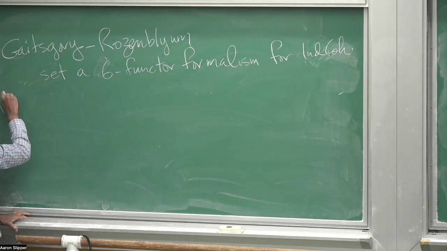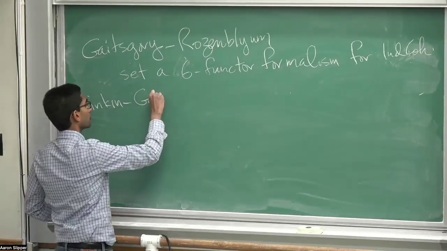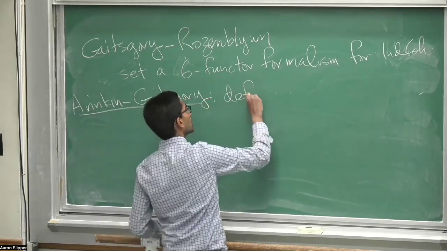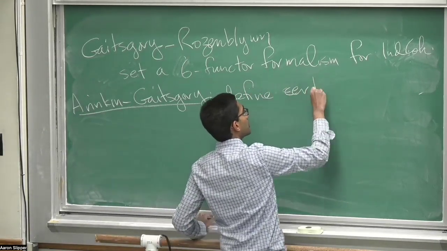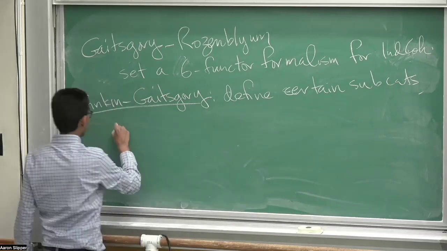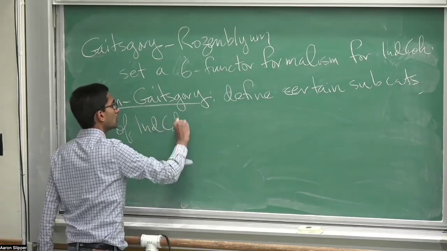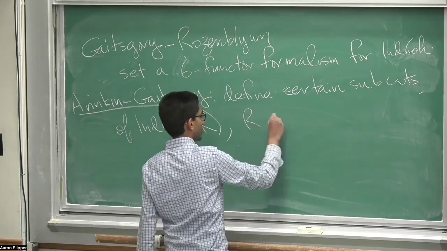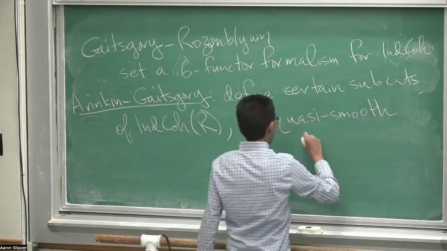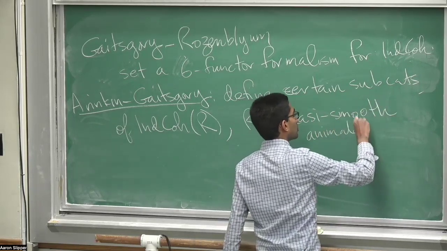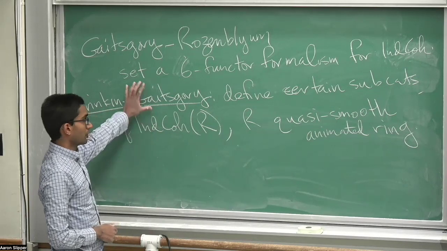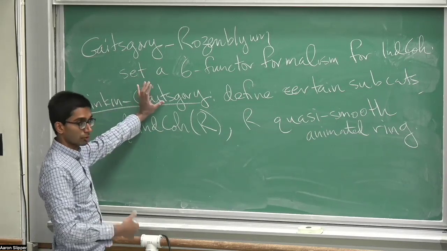So we can define certain subcategories of Ind-Coh of R, where R is quasi-smooth. And right, these are going to be examples of localizing subcategories.